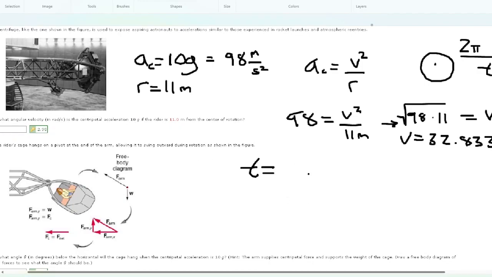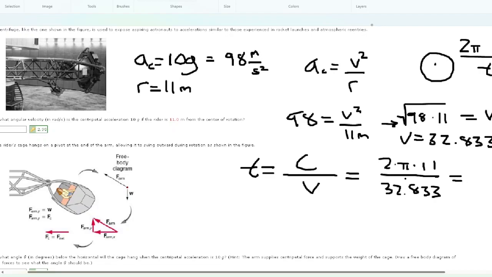T is how long it takes to traverse the circumference with the given velocity: 2 times pi times 11 divided by 32.833. And t is equal to 2.105 seconds.